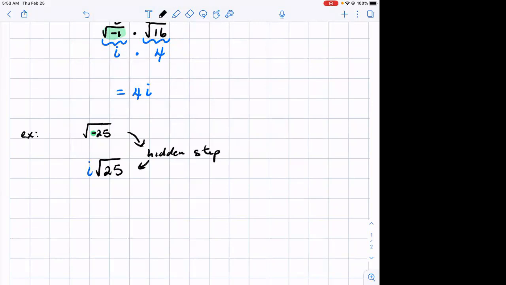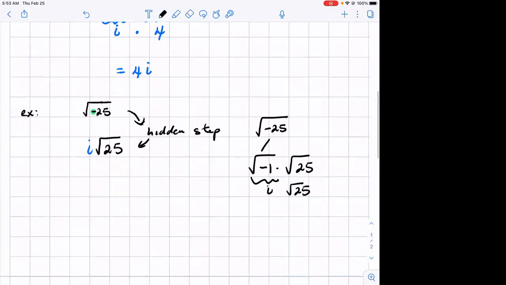That hidden step is that we took the square root of -25 and broke it up into two roots, -1 times the root of 25. Then this here is my i, root 25. So once we see that negative, we take the negative out and the negative becomes i.